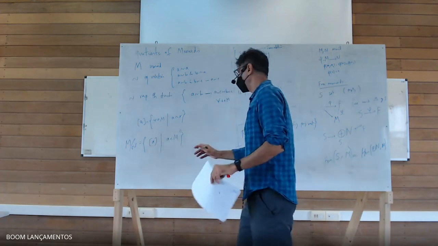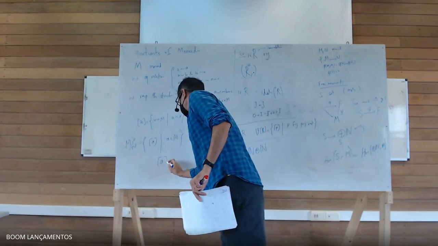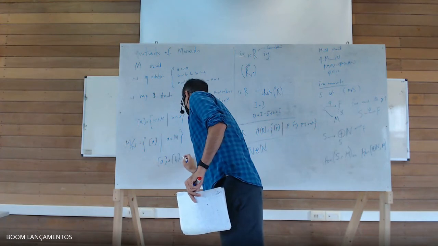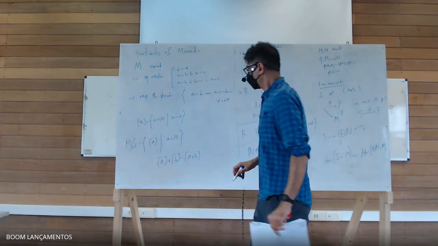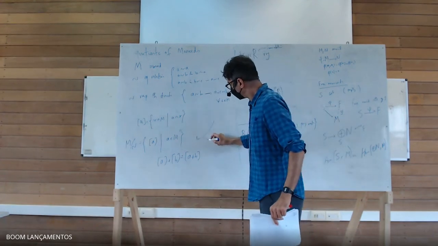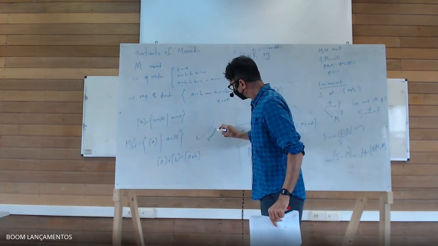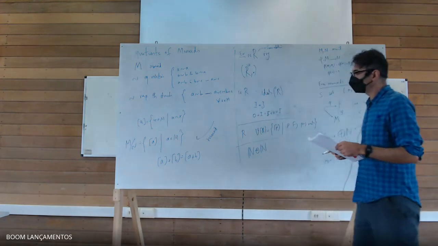But the way you define it, the most natural thing really, is that class of A plus class of B is the class of A plus B. So now this gives you a monoid, and let's call it the quotient monoid.